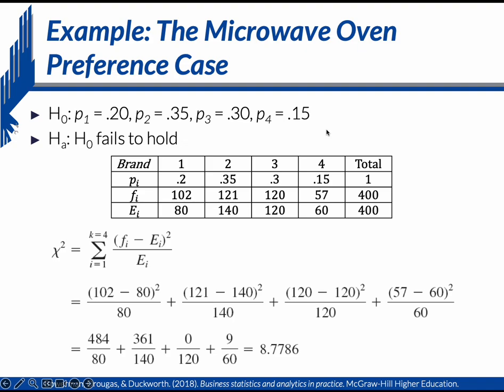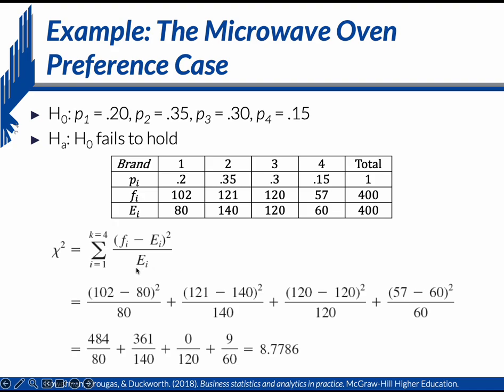The market shares in Cleveland will serve as the probabilities for each outcome or brand. Using the formula presented earlier, we compute the expected frequencies for each of the four outcomes or brands. So that's 0.2 times the total of 400, or 80. Then 0.35 times the same total of 400, or 140, and so on. Afterwards, we compute the test statistic using this formula.